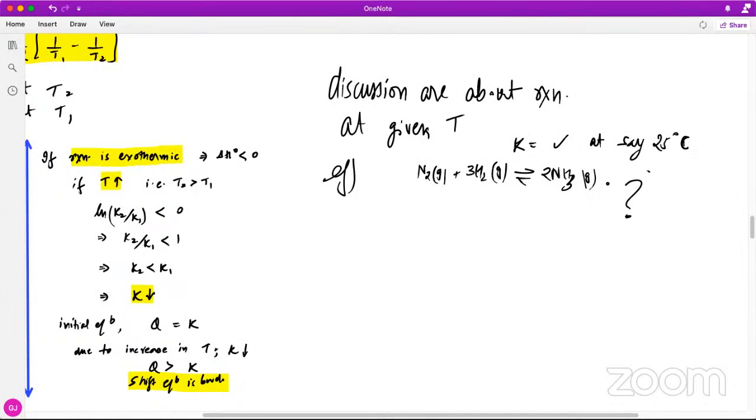What do I mean by this? Reactants before the reaction are at room temperature conditions. Then whatever reaction extent was supposed to happen, that happened. Whatever heat was to be released or absorbed with the surroundings, that gets done, and finally the products return back to the same room temperature conditions.